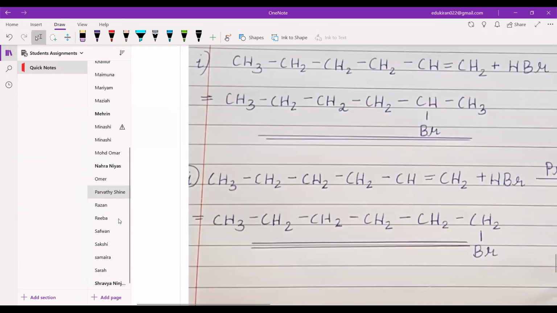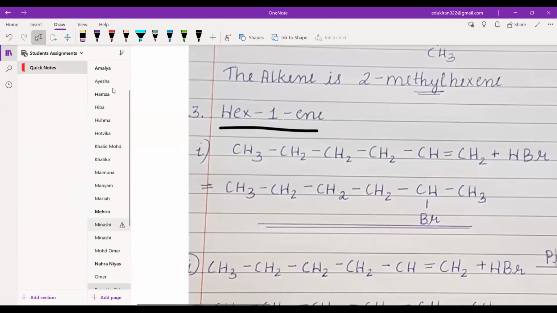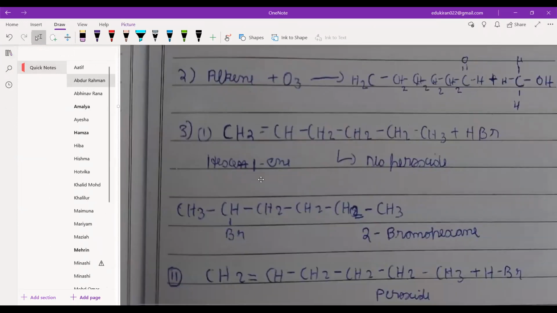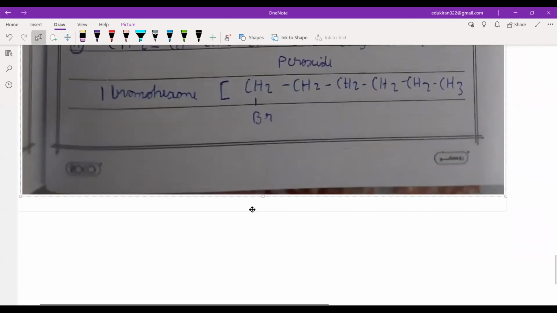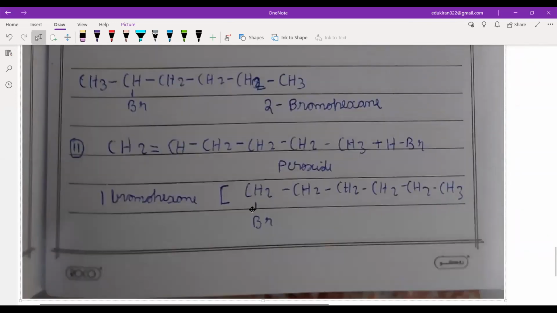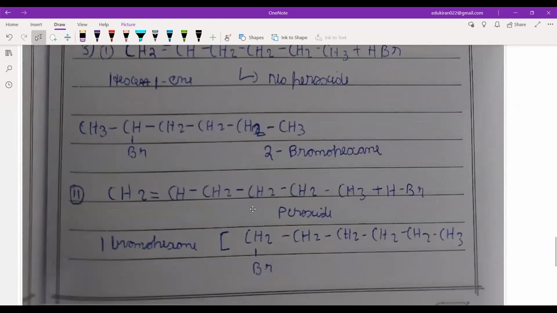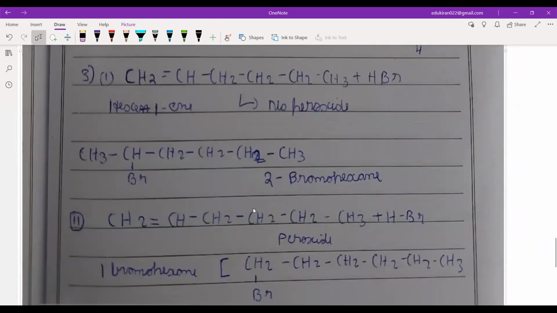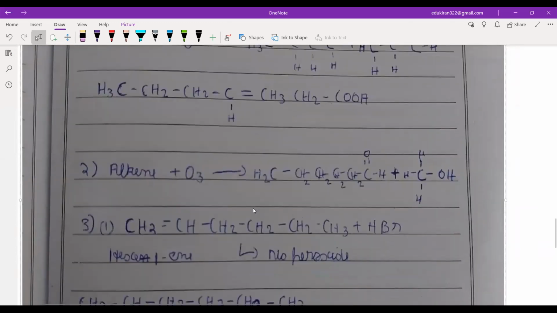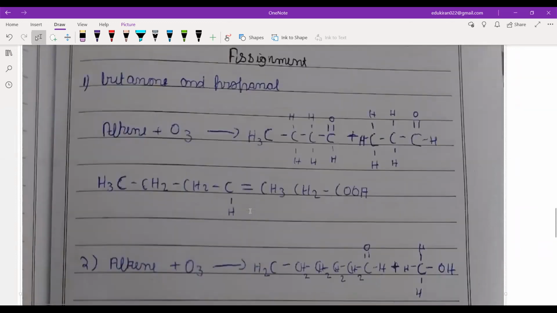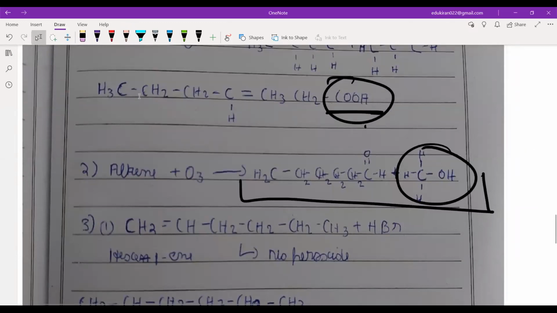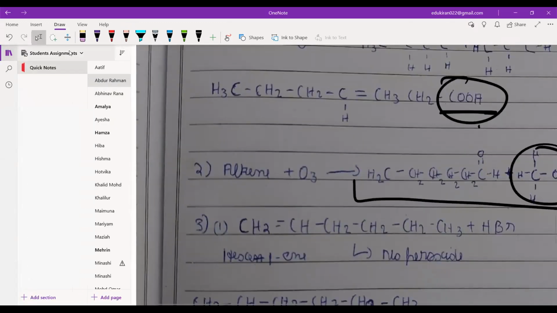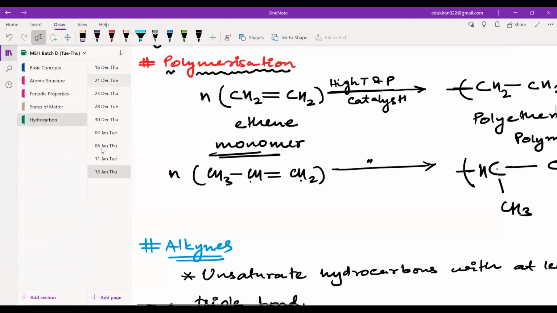No, I'm saying that I think Abdur Rahman's I did not check, but Abdur Rahman is not online, I guess. He's not answering. Let me also check. If there's no peroxide, then it means 2, and if peroxide is there then that means 1 bromo. Okay, fine. Here he has messed up this part. COOH he has written. I don't know why he did that, and he has also not done this one correctly, also because I think this is methanol. Fine, not a problem.